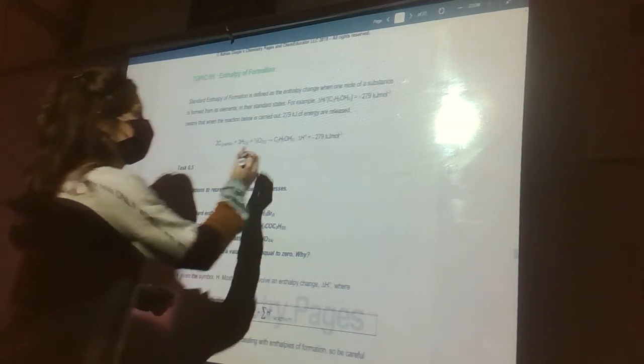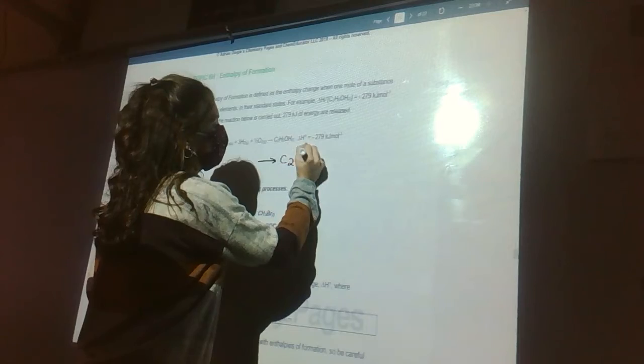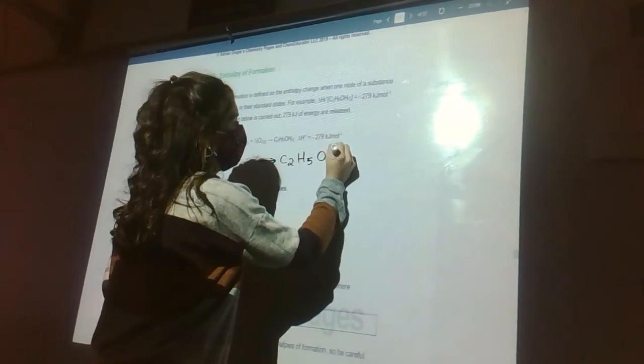Enthalpy of formation, write this down, this is important. Standard enthalpy of formation is the enthalpy change when 1 mole of substance is formed from its elements. So here, we're forming C2H5OH.